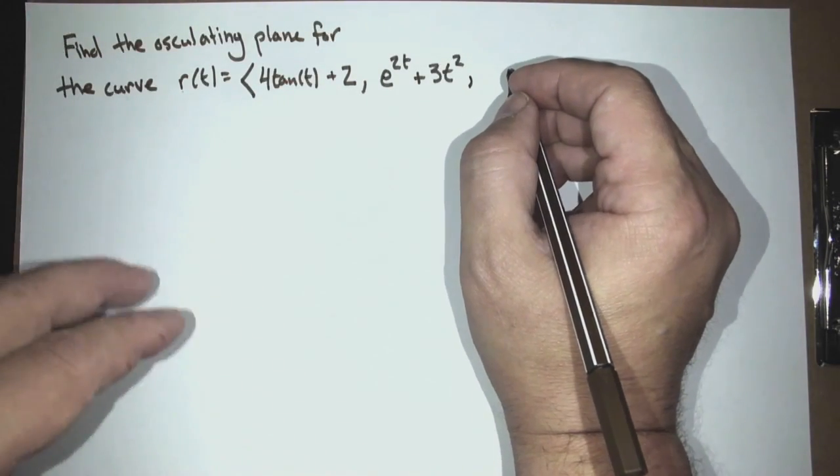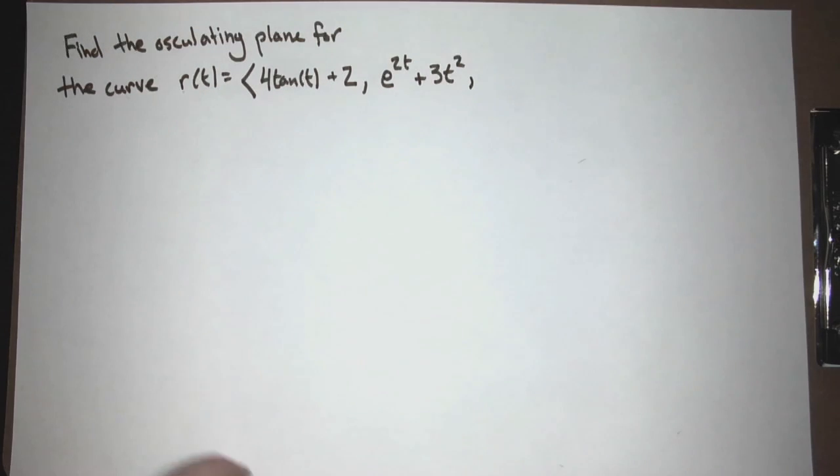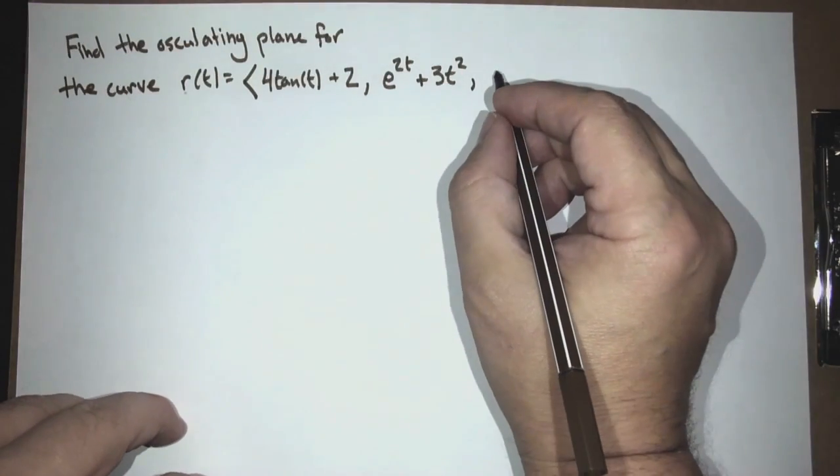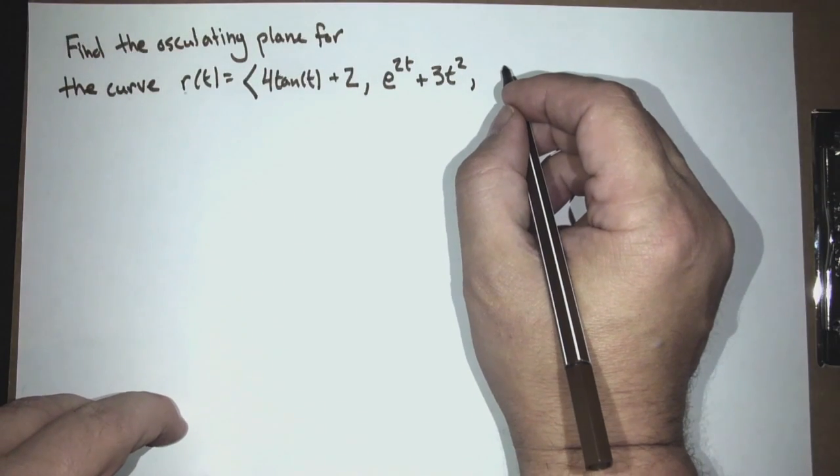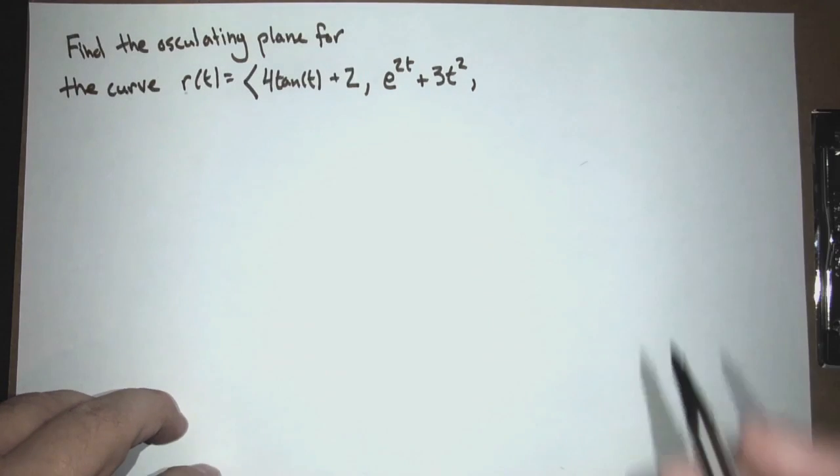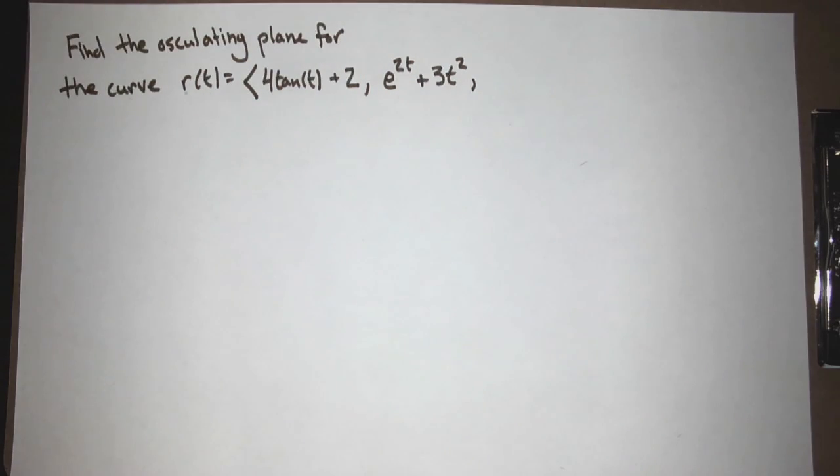Come on, live a little. Spice it up. Do you really want to take the second derivative of arctan? No, I wouldn't mind, but I'm not the average person. Okay. So, ln of, you really want to go there?